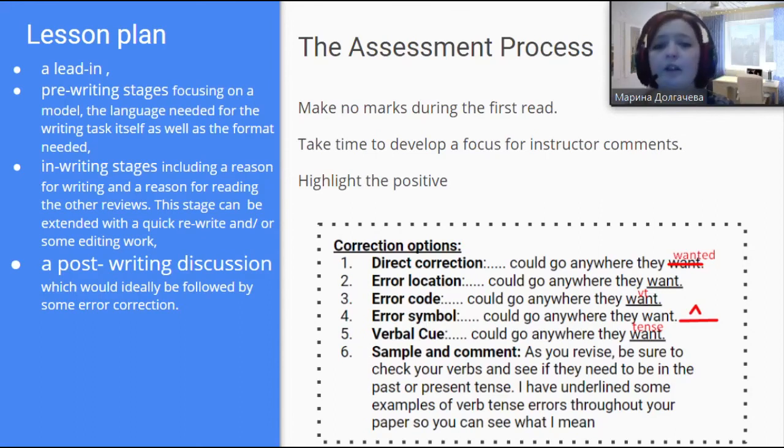It can be an error code using letters like VT for the verb tense, or just symbols, but of course in this case the student should be aware of those symbols, what they mean. It can be a verbal cue, just give a word or sentence to make it clear.